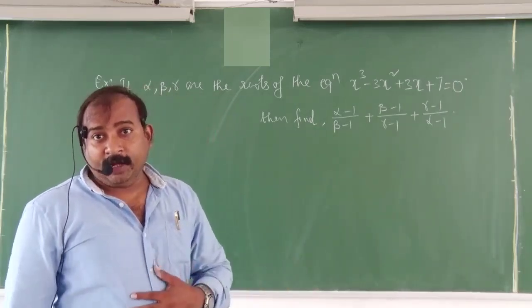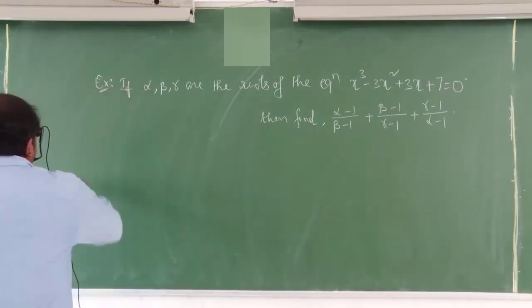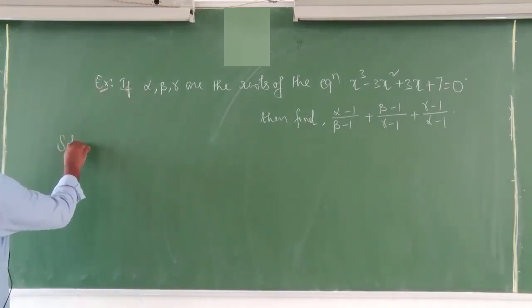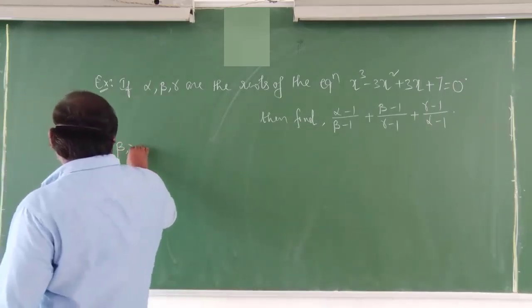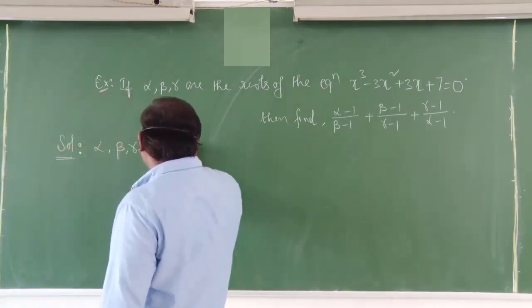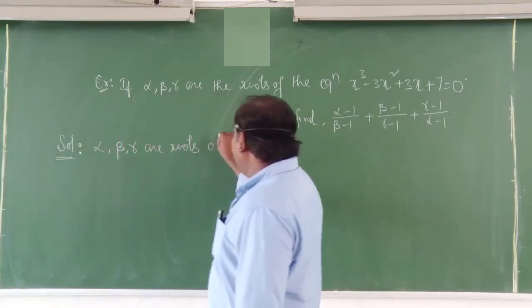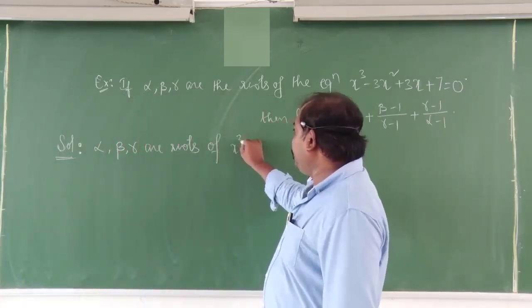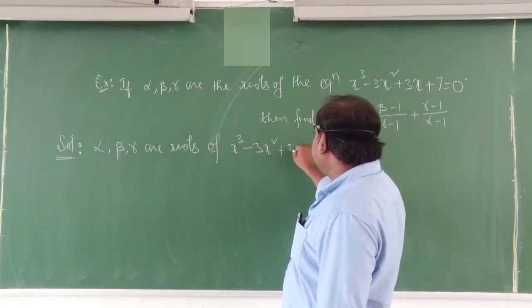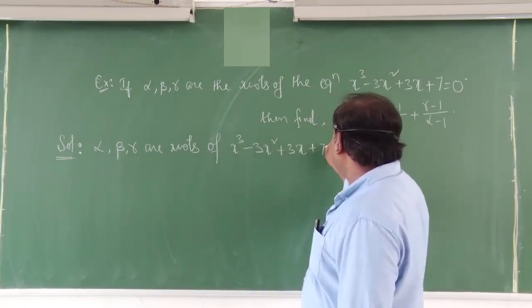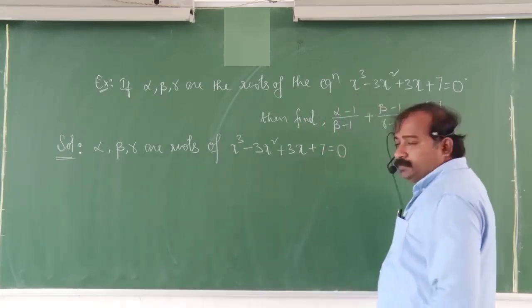What will that whole value be? Listen, ma'am. Here they have given alpha, beta, gamma are roots of the equation x cube minus 3x square plus 3x plus 7 is equal to 0.